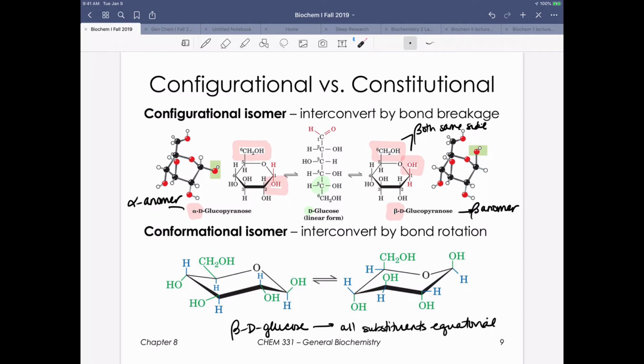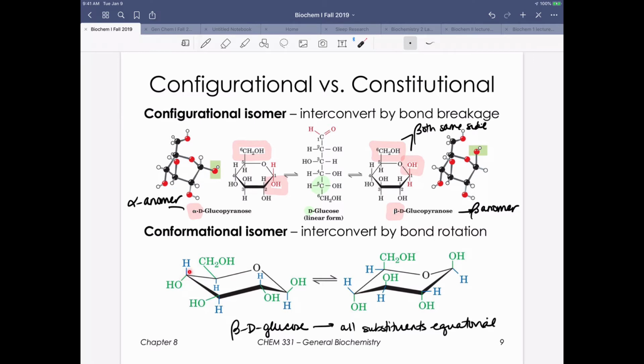You notice that the relative position of all of these functional groups stays the same. But beta D-glucose is nature's favorite, probably because it's the only configuration that can allow for all substituents to be equatorial. And just highlighting and reviewing some things here, this is the anomeric carbon. So this is carbon 2. If we were to switch these two positions, we would get the C2 epimer of glucose, which is mannose.